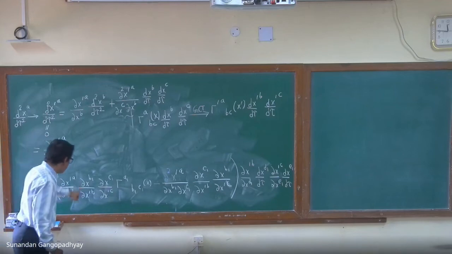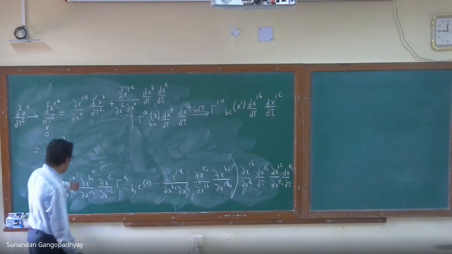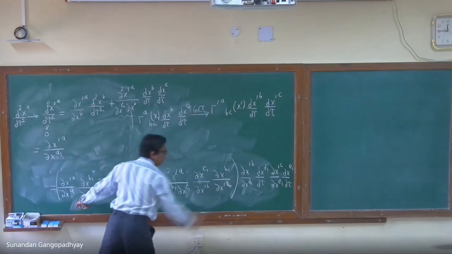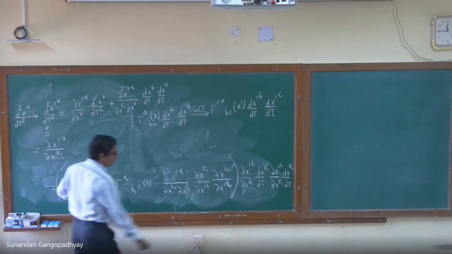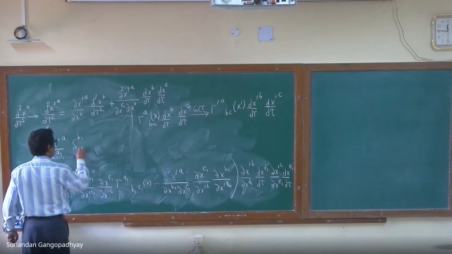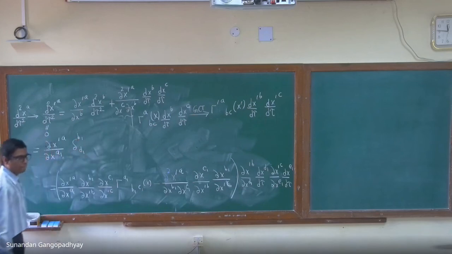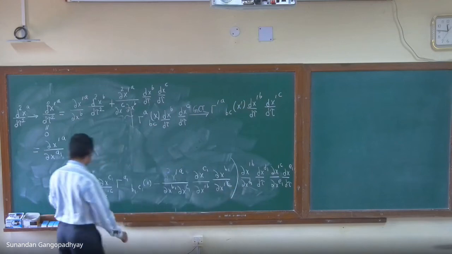Then we have del x b1, del x prime b, del x prime b, so that will get cancelled, right? Del x prime b, del x prime b will get cancelled. And what we will have is del x b1, del x b1. So we will have delta b1 and b1 from the multiplication of this with this.